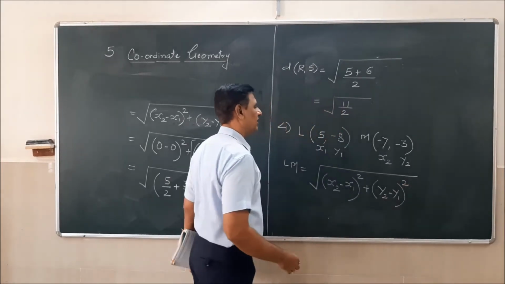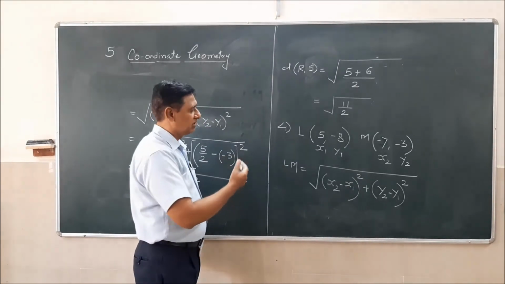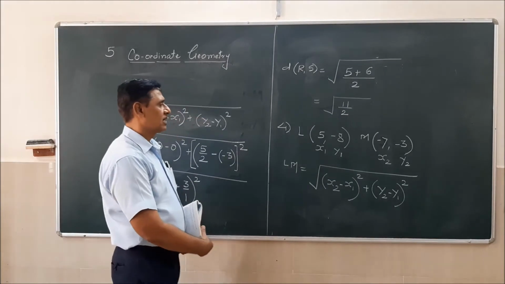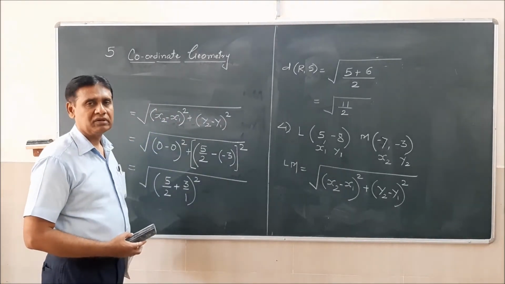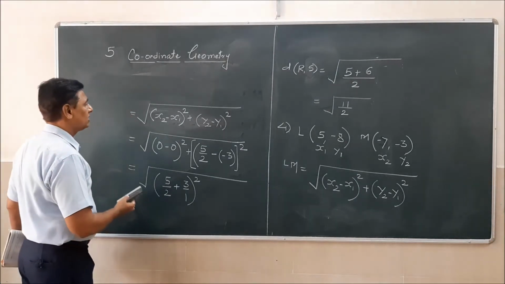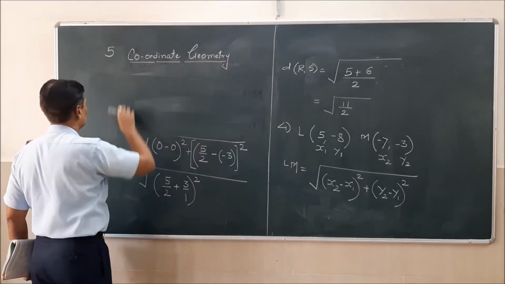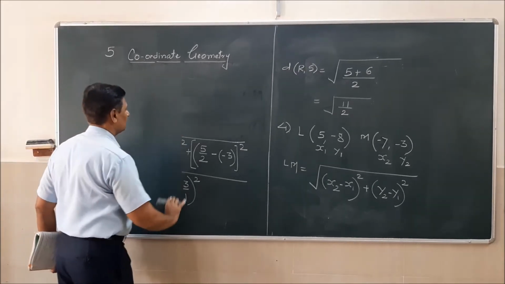All the time we are calculating the distance between two points, and the formula is the same: x2 minus x1 the whole square plus y2 minus y1 the whole square. Now let us substitute the values of x2, y2 as well as x1, y1.